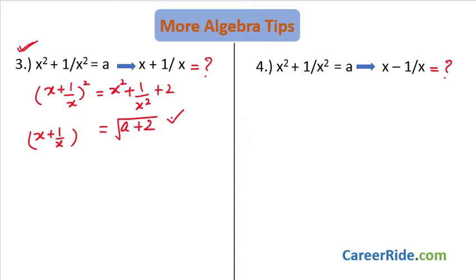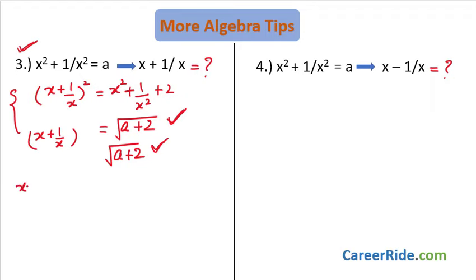So all that I have to do in such a question is take the value of x square plus 1 upon x square that is equal to a, add a 2 to it and take a square root here. Okay. I wanted you to see the logic behind it so that you don't have to remember anything. Now you can just apply the trick directly. So let us take an example.